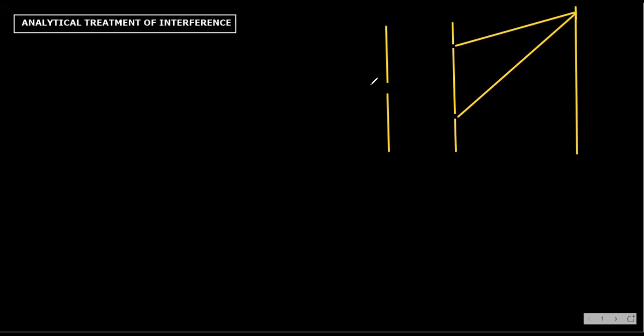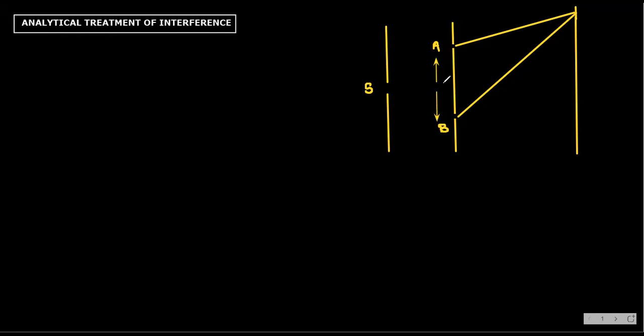So this is a source. Let us suppose this slit is slit A, this one is slit B, and the distance between these two slits is, let us suppose, small d.